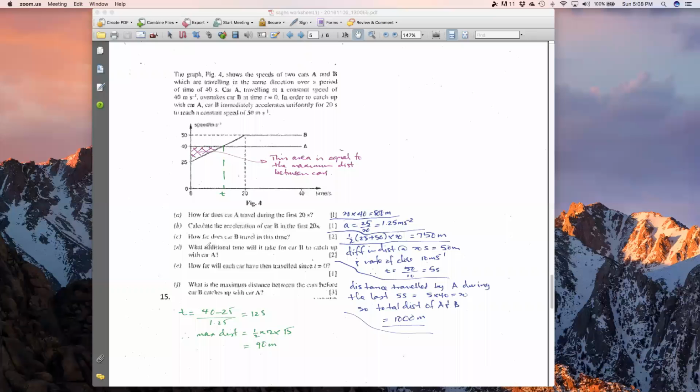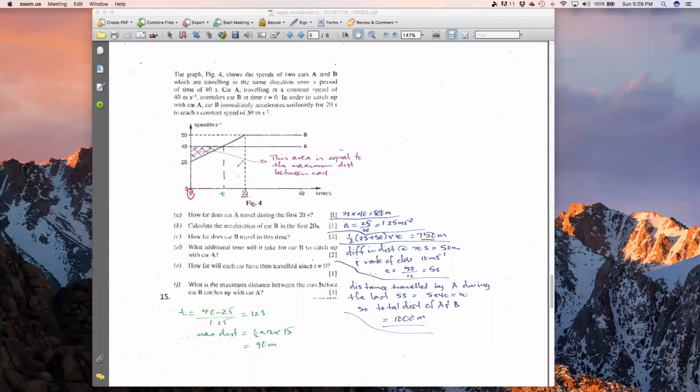Right, the next part, what additional time will it take for car B to catch up with car A? Now, remember at time t equals 0, both cars were next to each other. One was traveling at 40 and one was traveling at 25. After 20 seconds, we have discovered that car B travels a distance of 750 meters. Very good. They continue to move, but after 20 seconds, we're freezing the motion for analysis.